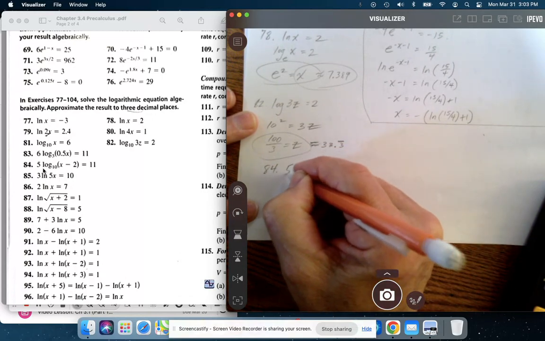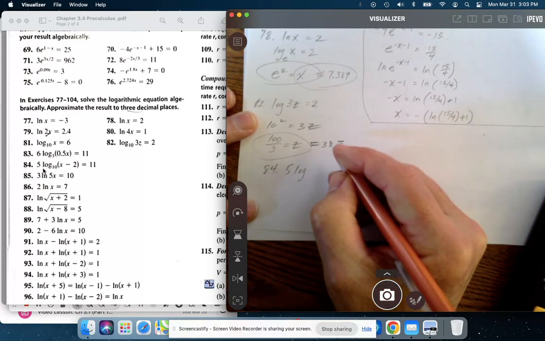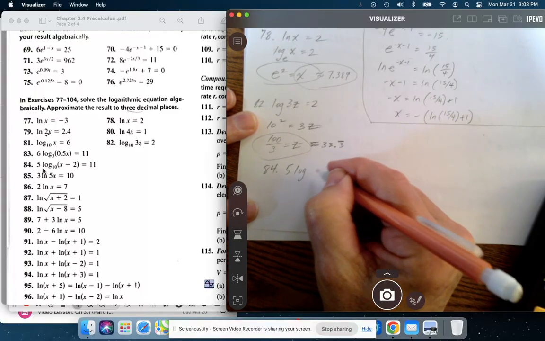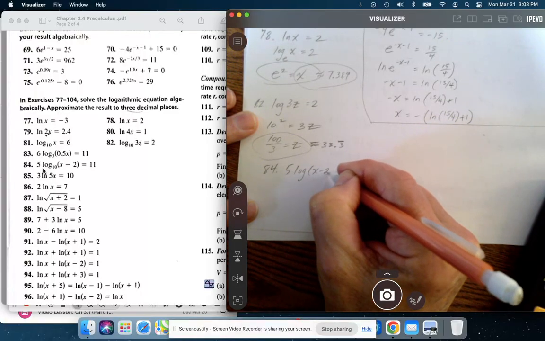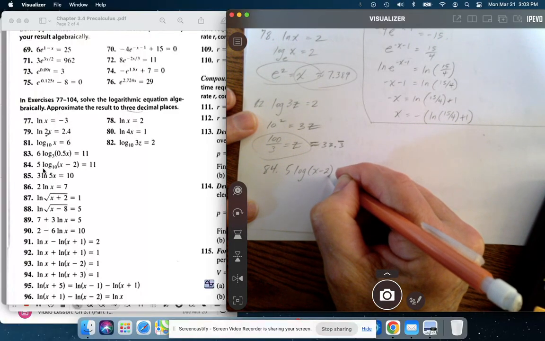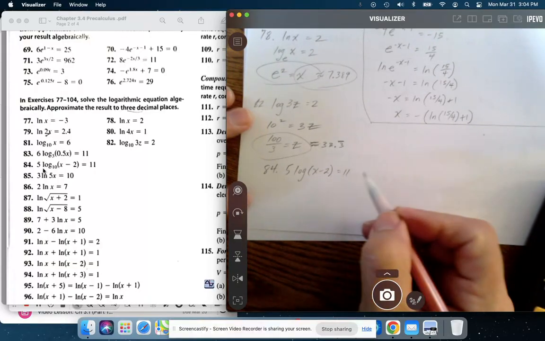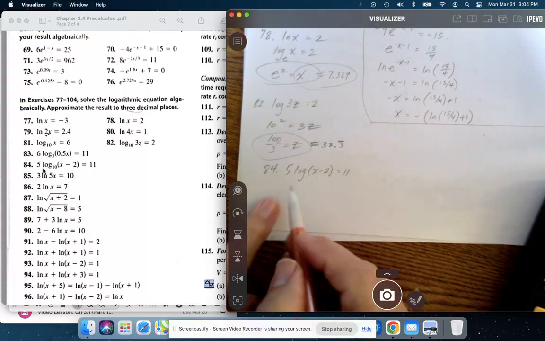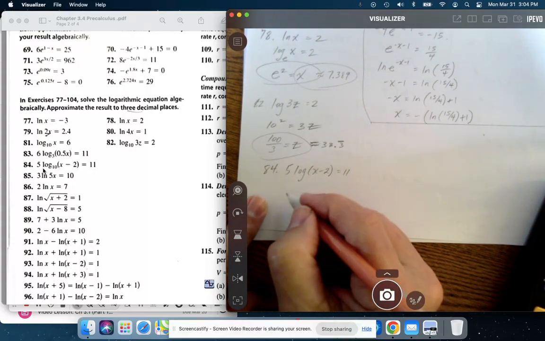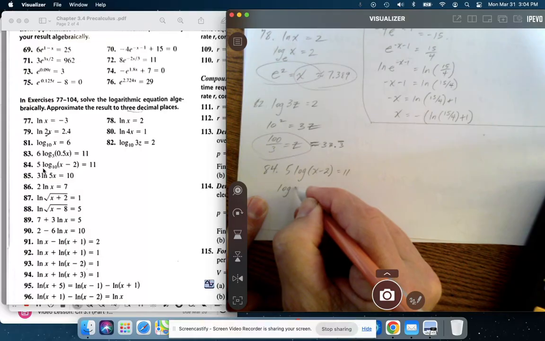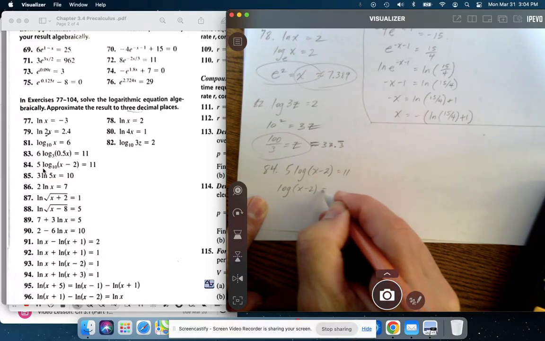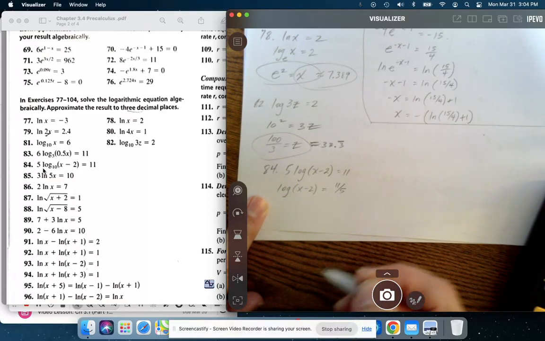So 5 times the log base 10 of x minus 2 equals 11. So first thing I want to do is divide by 5. I want the log to be alone. So it's log of x minus 2 equals 11/5.